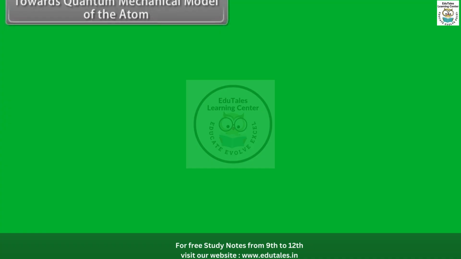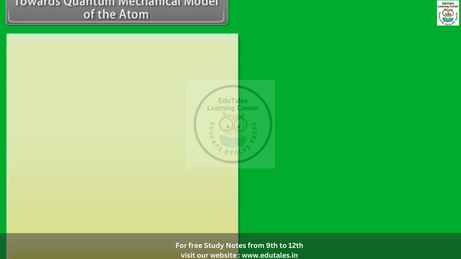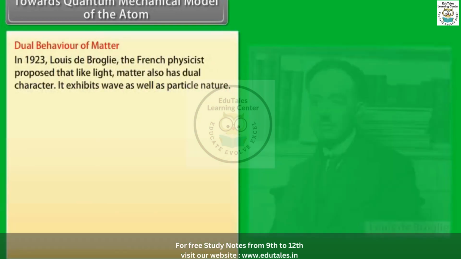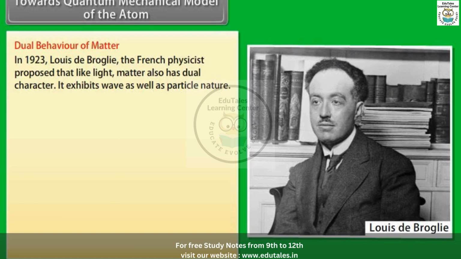Towards the quantum mechanical model of the atom, dual behavior of matter. In 1923, Louis de Broglie, the French physicist, proposed that like light, matter also has dual character. It exhibits wave as well as particle nature.